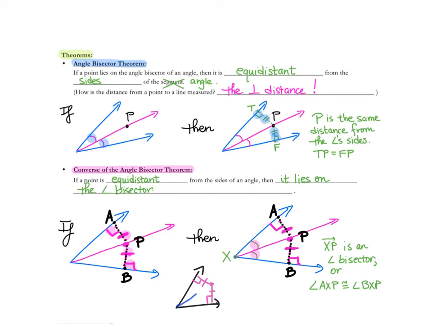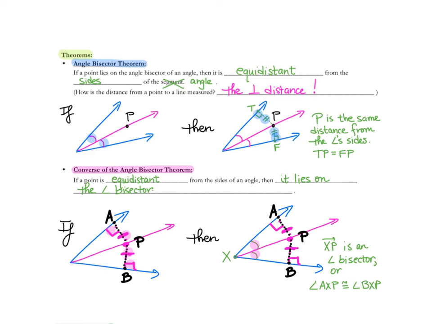If you were to draw the angle bisector, then that point would have to be on the angle bisector. So if this point's the same distance from the two sides of the angle, then that point lies on the angle bisector. Okay, and that's what you're seeing in this picture here. Given a point equidistant from the sides of the angle, it must lie on the angle bisector.